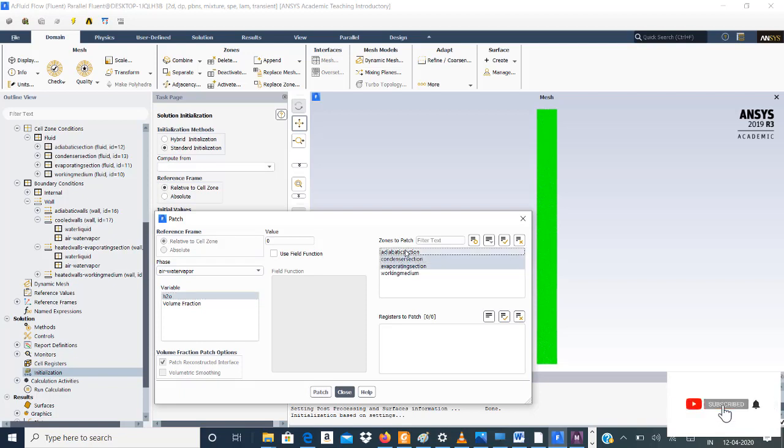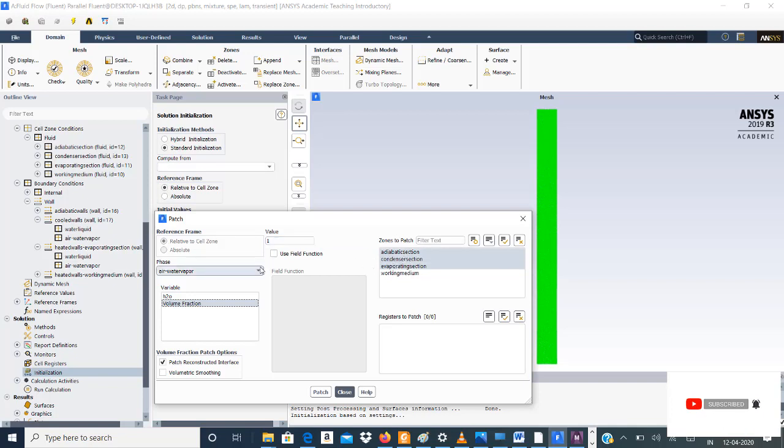Click all these three and patch with 0, so there is no water vapor present here. In the working medium also there is no water vapor, so it is 0. Then deselect working media and click on volume fraction, and the air water vapor fraction is 1 in all these three sections, so these three sections are filled with air water vapor.